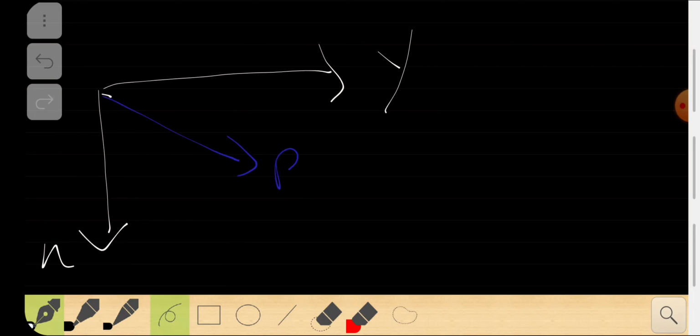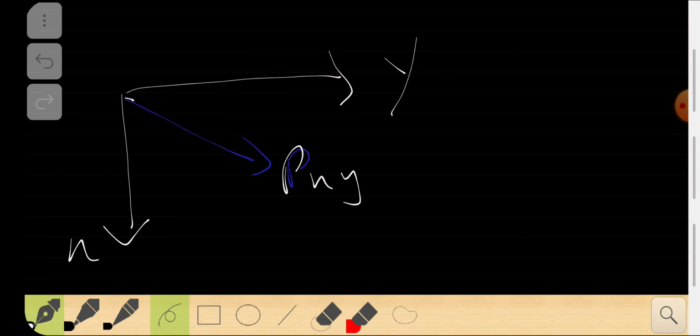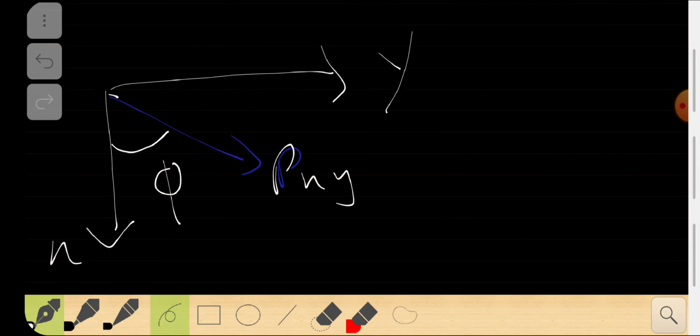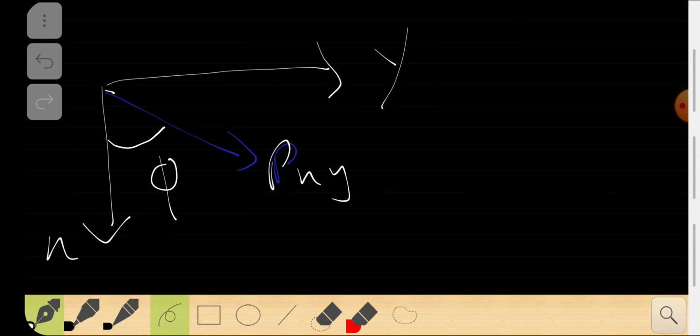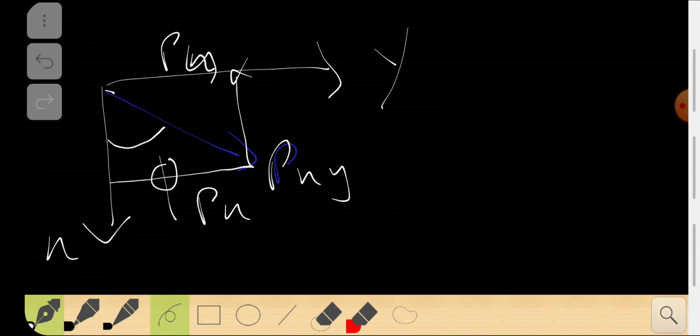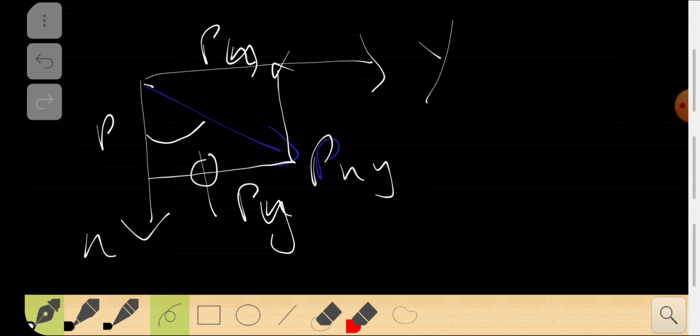This angle, as I said earlier, is called phi. So the x intercept will be p of x, and the y intercept will be p of y.